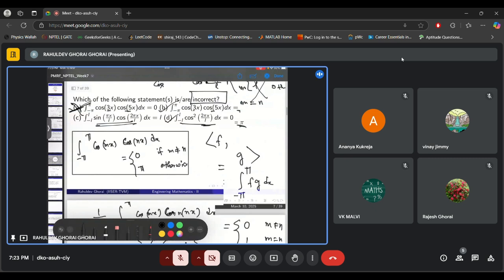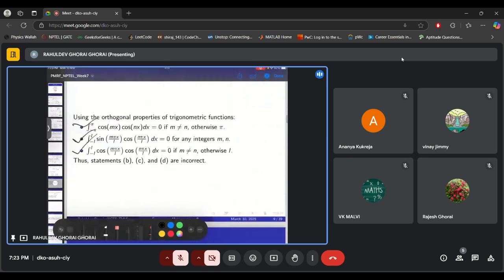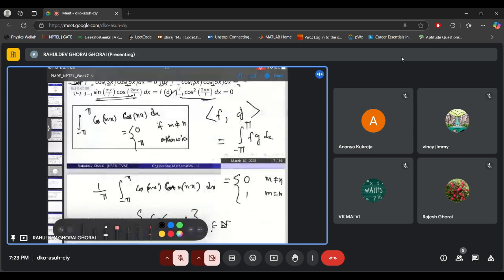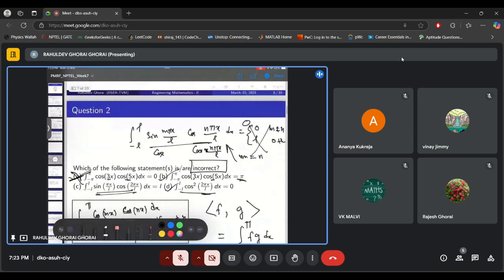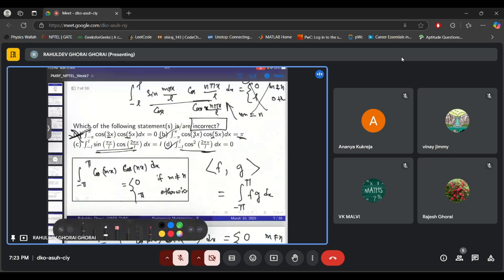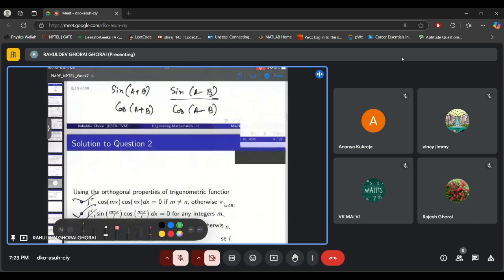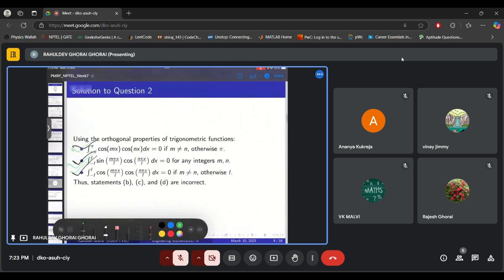I'll show you the formula. Just use these three formulas to discard the incorrect ones. The first one is correct, as I said. Now you use these three: this sine and cos will always be 0, so the product of sine and cos will always be 0.